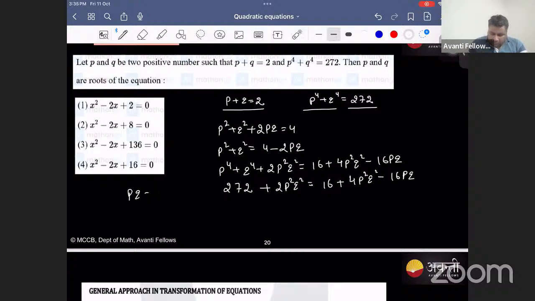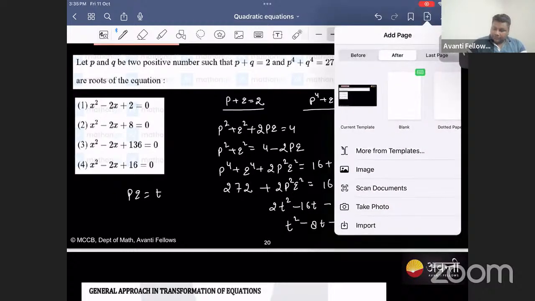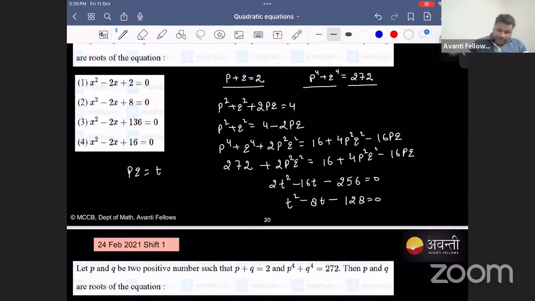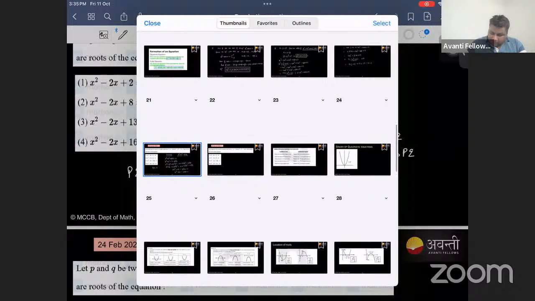Now if I take PQ as T, there is a quadratic in T: 2T square minus 16T minus 272 minus 16, 256, equals 0. So it became T square minus 8T minus 128 equals 0. Got it?